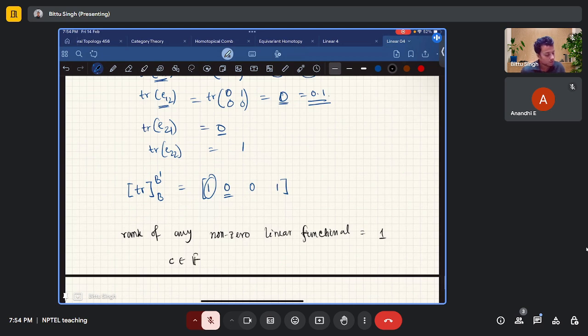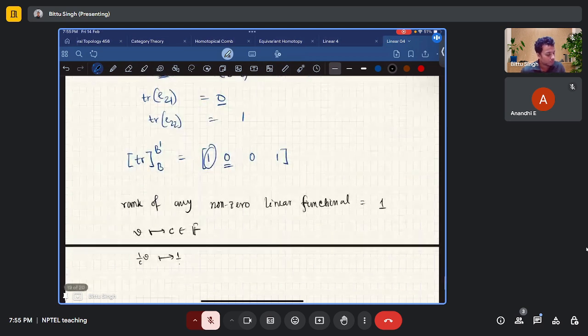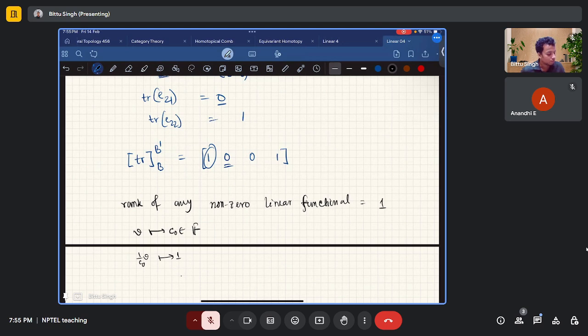Suppose v goes to c, then 1 by c times v goes to 1. And similarly, for any k, you simply multiply by k, so this goes to k. So you can see the rank of a linear functional, if it is non-zero, is always 1. And you can also conclude that the nullity is dimension minus 1.